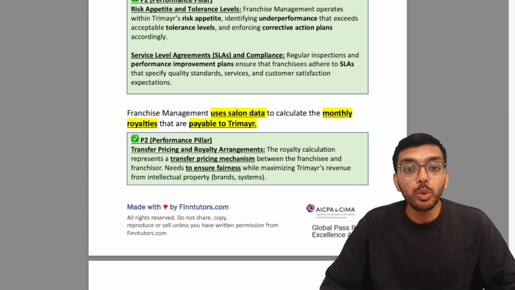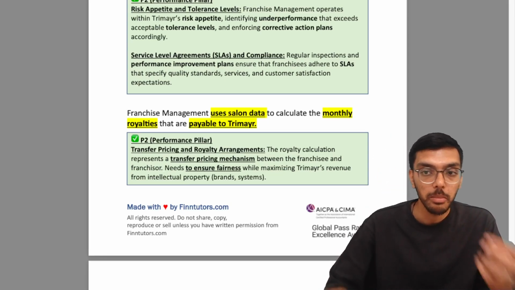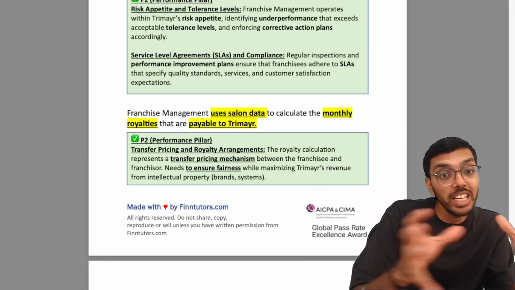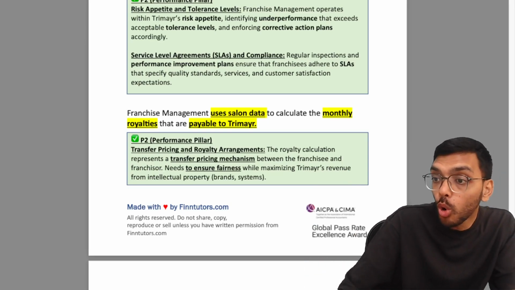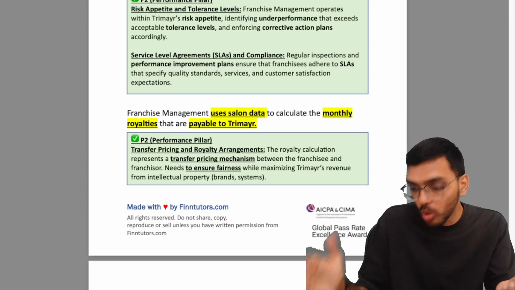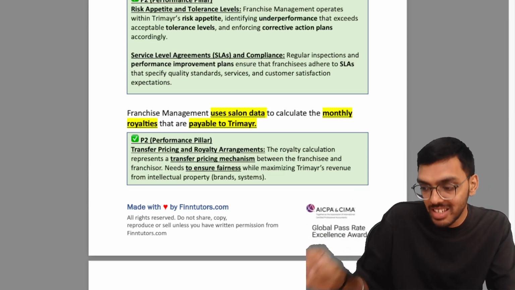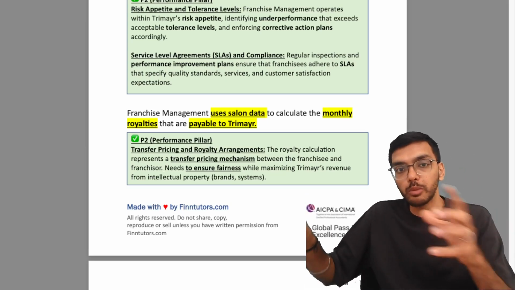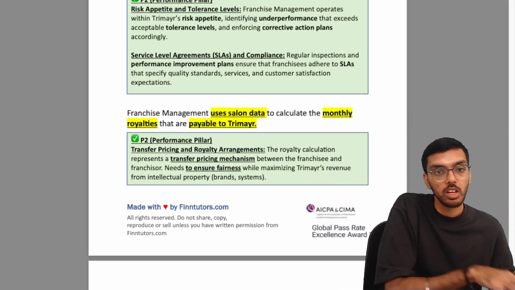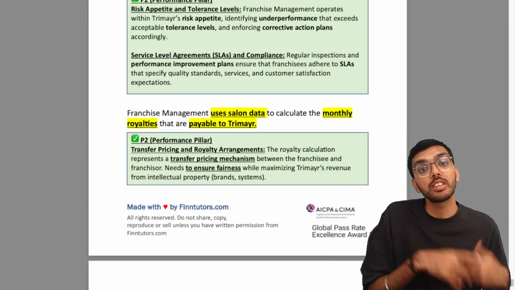Over here, we need to ensure fairness while maximizing Trimayr's revenue from intellectual property, such as using our brands, using our systems, because this money will be transferred internally. You own the franchise, but you don't own that particular person. It's not a separate company, but still it's a separate profit generating unit which is paying you money. So from a transfer pricing aspect, it's going to be an important consideration.